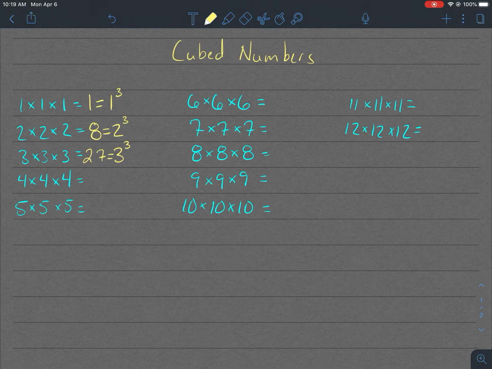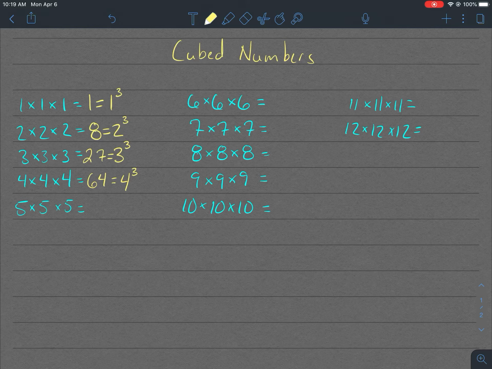Now we have 4 times 4 times 4. Well, 4 times 4 is 16. Times it by 4 again, you get 64. So 64, which is equal to 4 cubed. Because 4 was multiplied by itself 3 times, so 4 cubed.